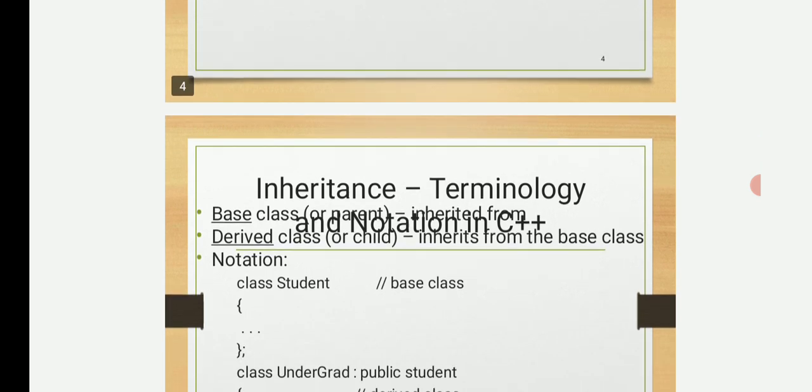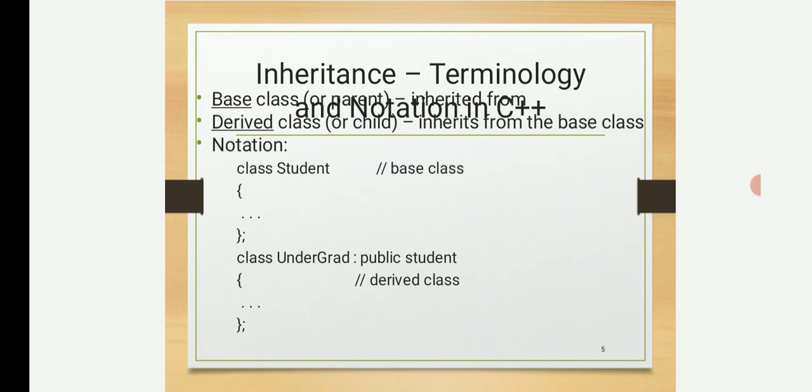Next one, lots of terminologies are there in inheritance. First we should know what is a base class and what is a derived class. Base class is also called parent class. Derived class is also called child class.